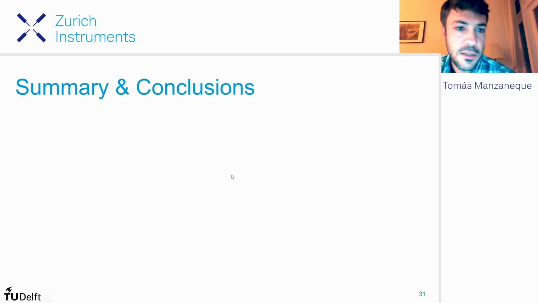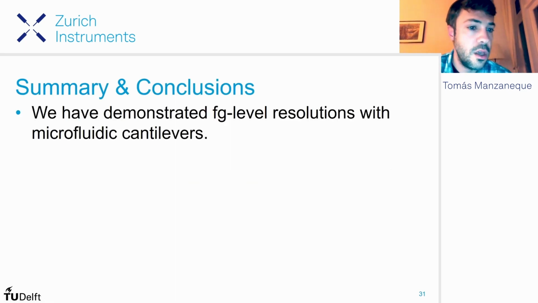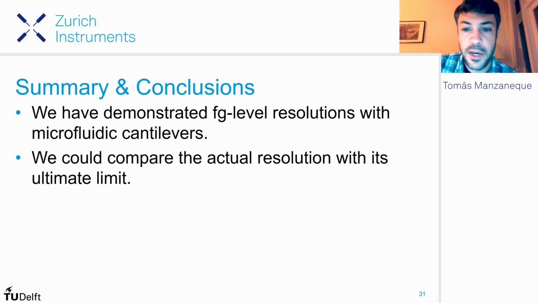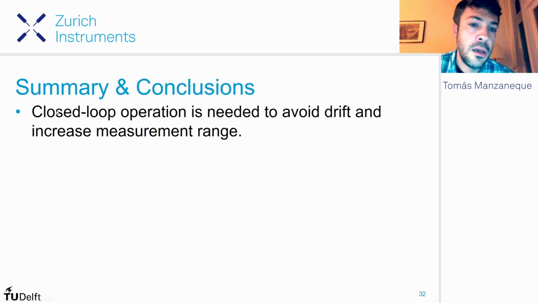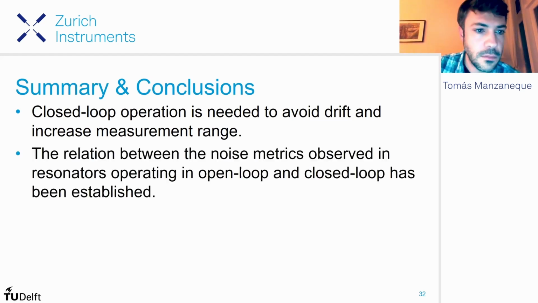So I would like to summarize this talk and write some conclusions. We have demonstrated femtogram level resolutions with microfluidic cantilevers. And we could also compare the actual resolutions that we obtain with the ultimate limit that we would expect if the noise of the instrument is reduced. Also, we concluded that closed loop operation is needed in most practical scenarios to avoid drift and to increase the measurement range.